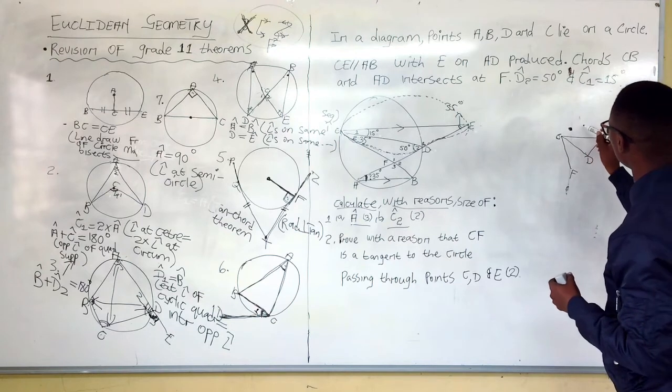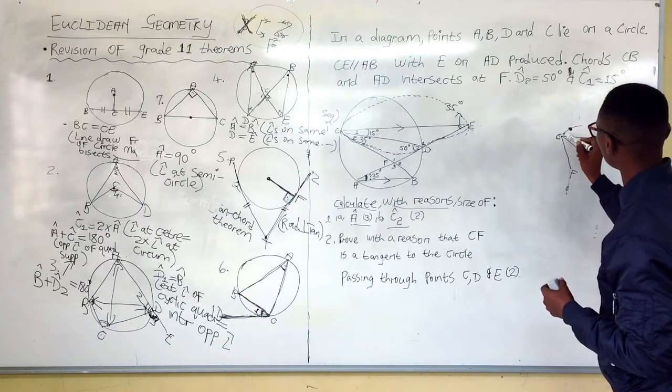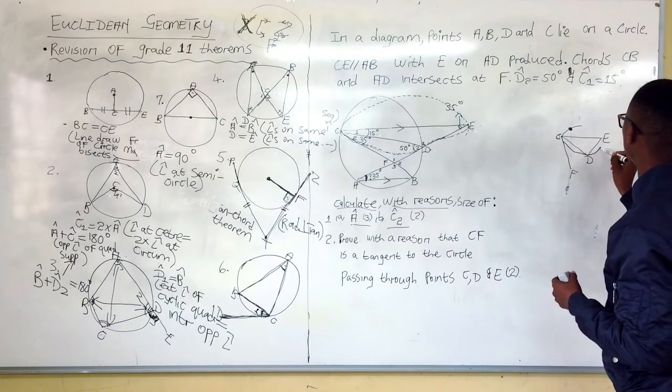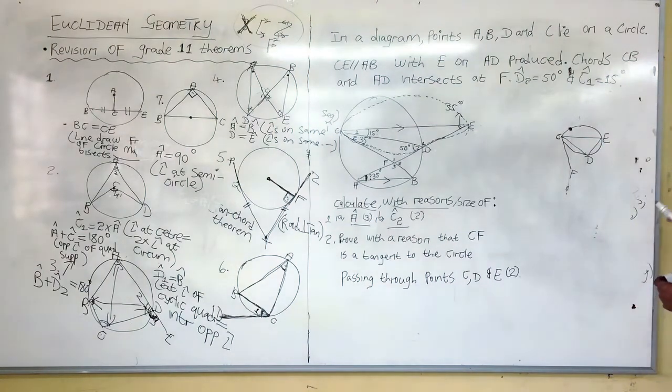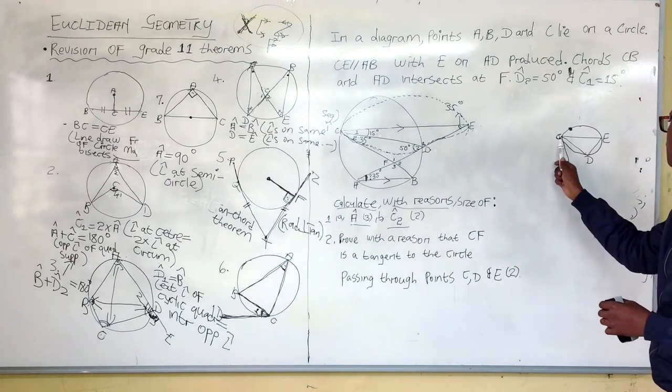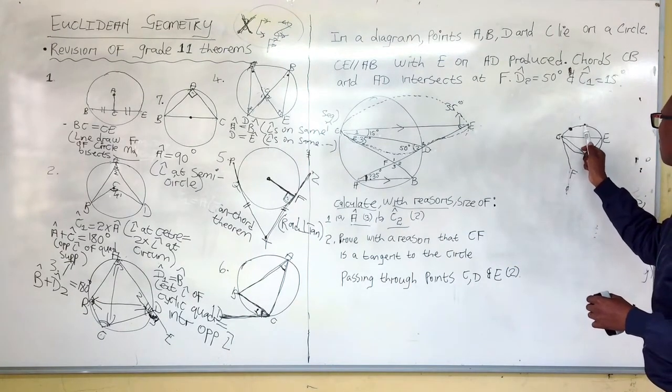So we're going to have a circle that is passing through those points, something like this, right? You see, it says prove that CF is a tangent of this circle.